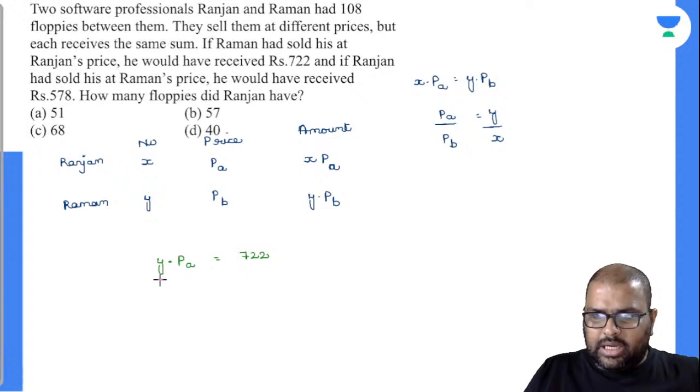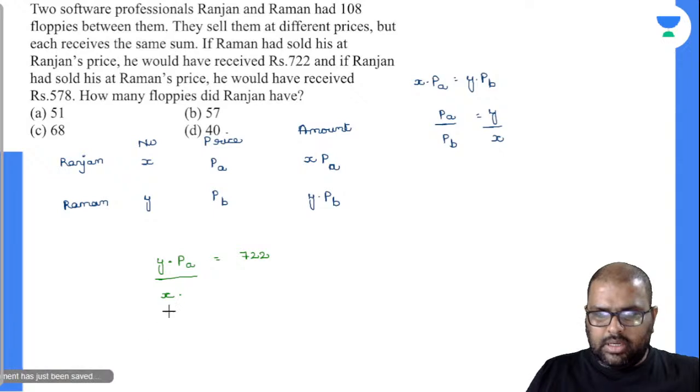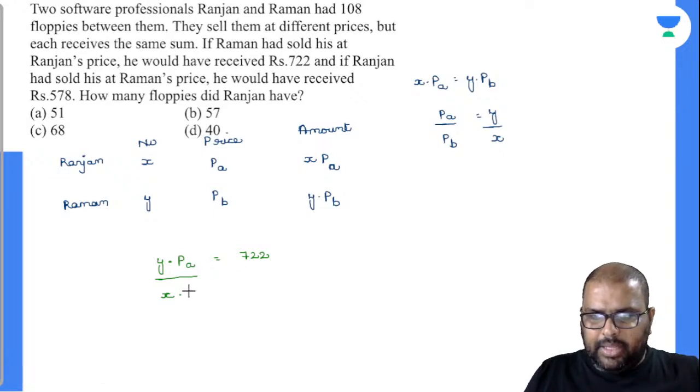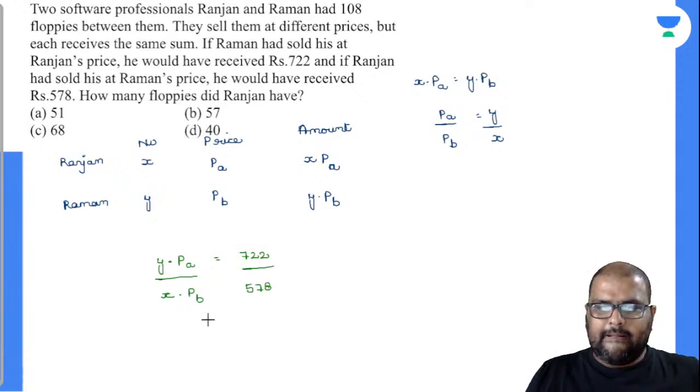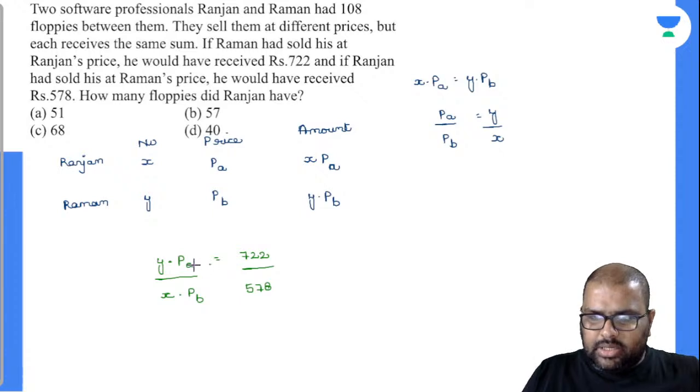Again, Ranjan sold X number of floppies into PB, which is equal to 578. Done.